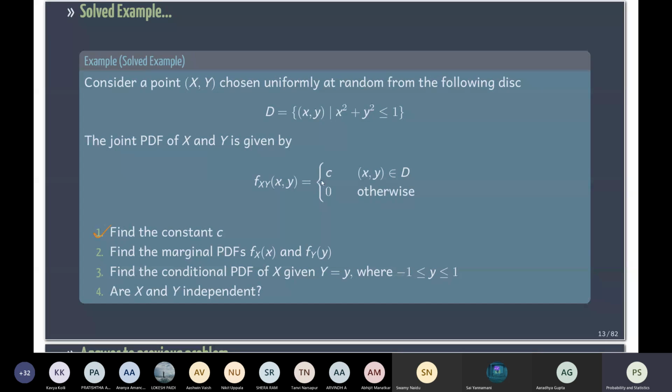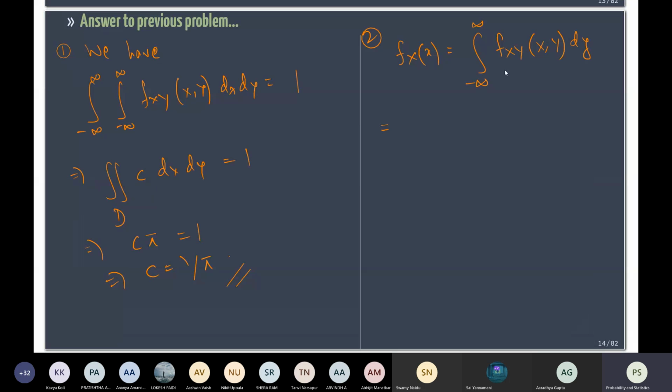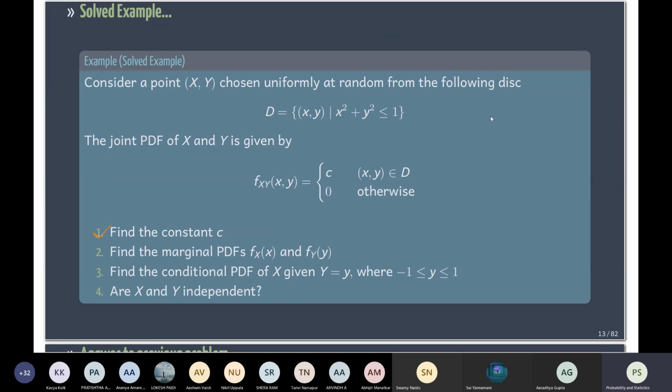I know that the density was C, and C was 1 over pi. And the y range, I know, depends on x, right?